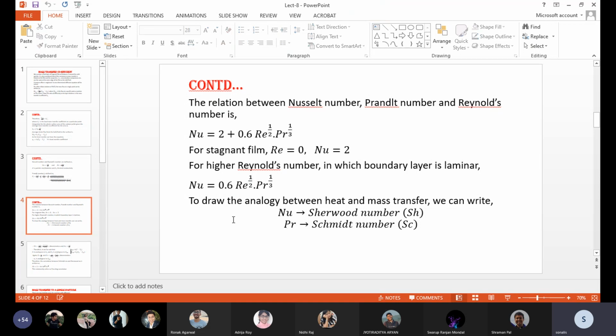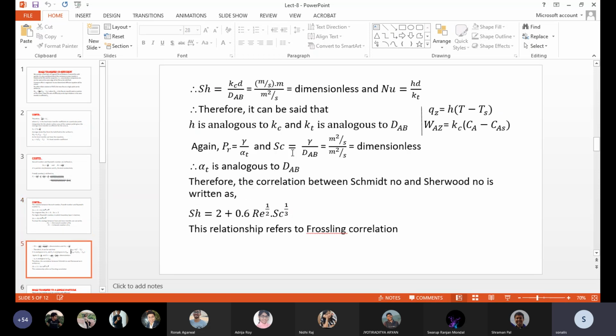To draw the analogy between heat and mass transfer, we can write Nusselt number is analogous to Sherwood number and Prandtl number is analogous to Schmidt number. Why have we taken the analogy between these two numbers?